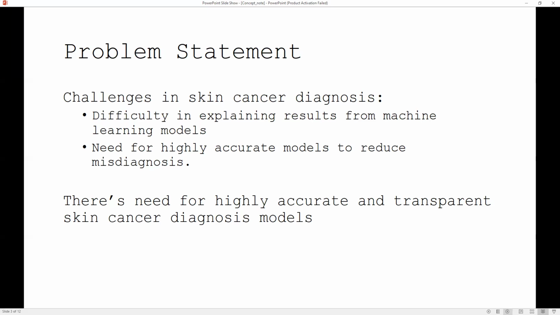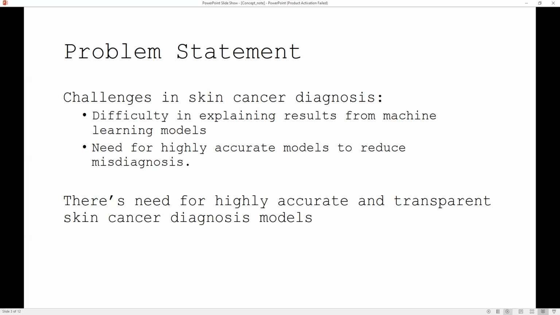Then the other thing is the need for highly accurate models to reduce misdiagnosis. In some cases, due to maybe the test data or whatever the case may be, there are times when models misdiagnose different specimens that are provided to them.